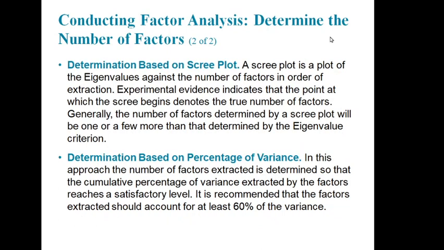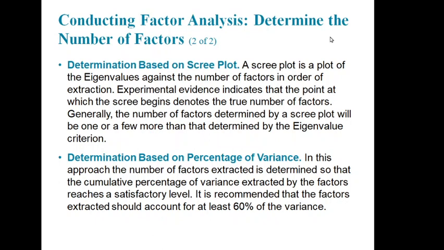Then there is determination based on a scree plot. A scree plot is a plot of eigenvalues against the number of factors in order of extraction. Experimental evidence indicates that the point at which scree begins denotes the true number of factors. Generally, the number of factors determined by a scree plot will be one or a few more than that determined by the eigenvalue criteria.